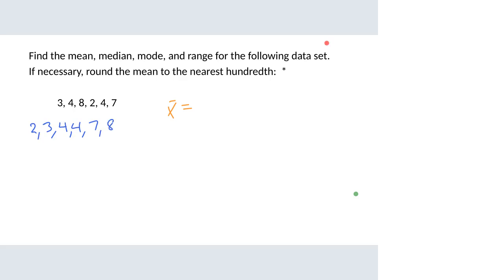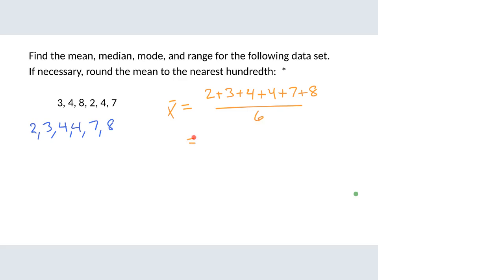Now we'll go find our mean. So that'll be 2 plus 3 plus 4 plus 4 plus 7 plus 8 divided by 6, since we have 6 data points. So add those up: 2 plus 3 plus 4 plus 4 plus 7 plus 8.